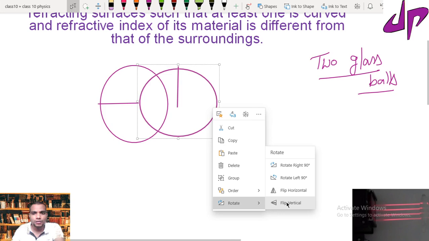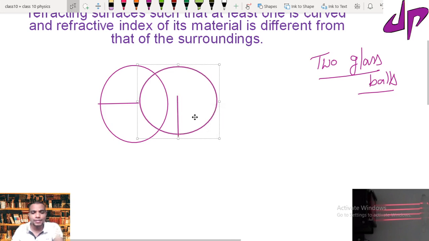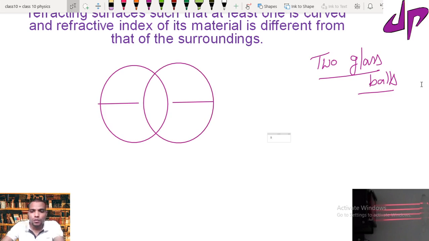we can see that these are two different spheres. This has a radius r1 and the other also has a radius r.